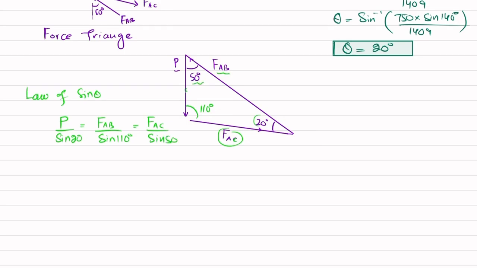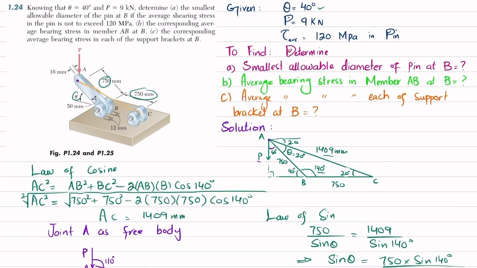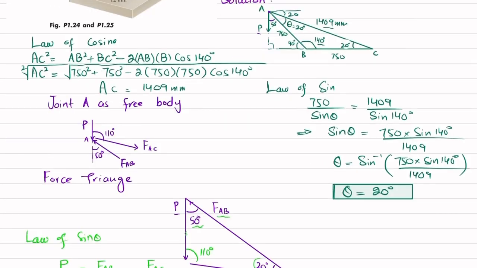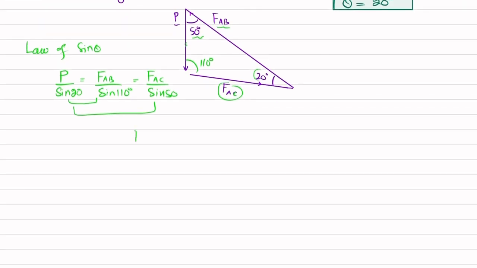Now you can relate these two and these two as well, since we are interested in finding the force FAB. So we will take this equation: P divided by sine of 20 degree is equal to FAB divided by sine of 110 degree.